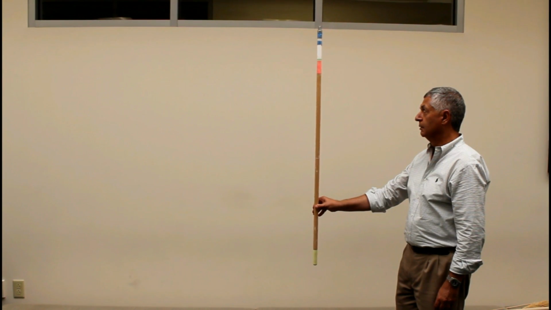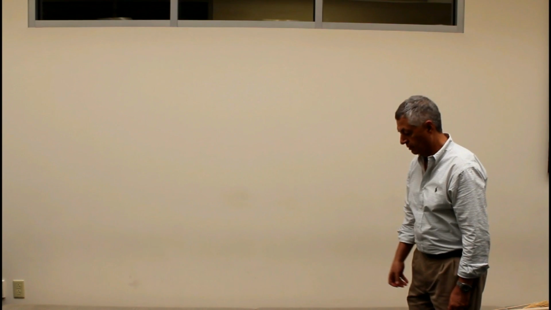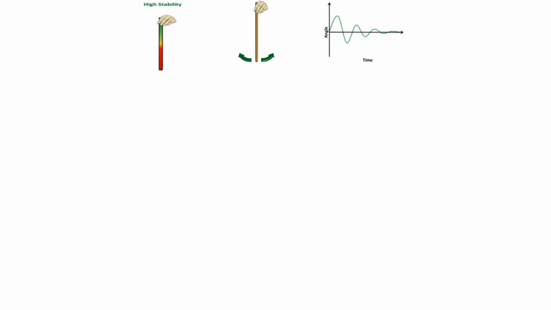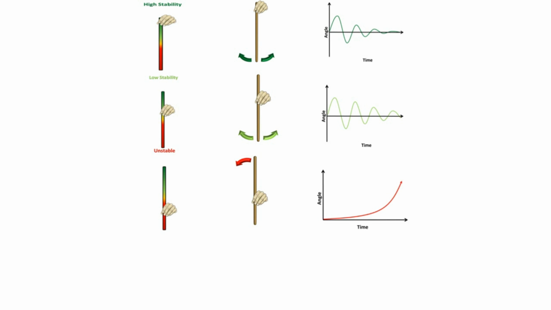And we can see it with the dynamic behavior of the stick as a function of time. Look at the following graphs. It goes all the way from very stable, less stable, unstable, and even more unstable.